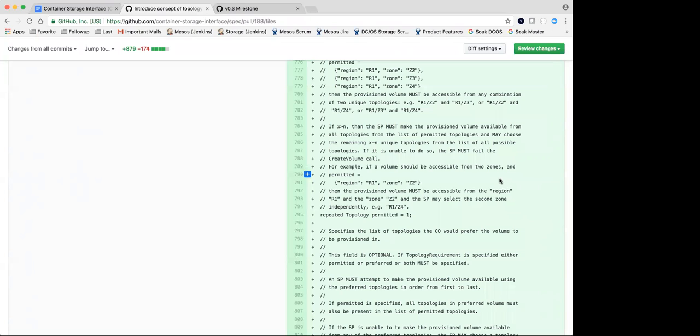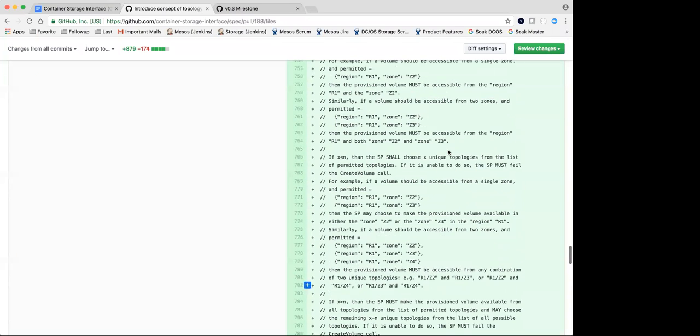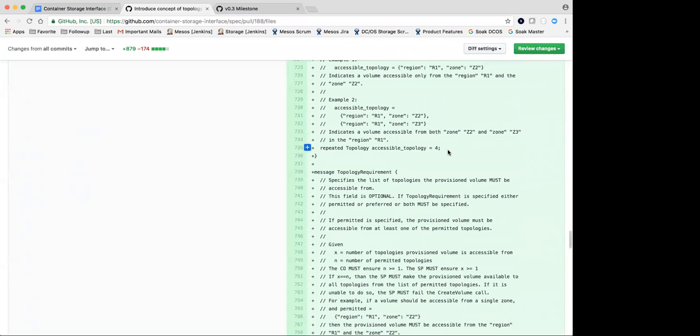Yeah, well, it's been a few months since I've put my head into this, but I think what I'm concerned about is that it's an overcomplicated data structure. These things are opaque to a CO anyway. A CO shouldn't be reasoning about the nature of these things. A CO is not going to know that this thing's called region and this thing's called zone, and that there's an implicit hierarchy here that it can reason about.